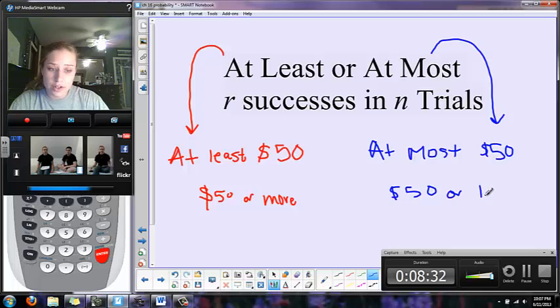So 50 or 40 or 30 or whatever. Alright, so there's a huge difference between hearing at least and at most, and you need to be able to recognize that when you're doing these questions. So if you're having a hard time, try to think about it in terms of money, because money always tends to encourage people, apparently.